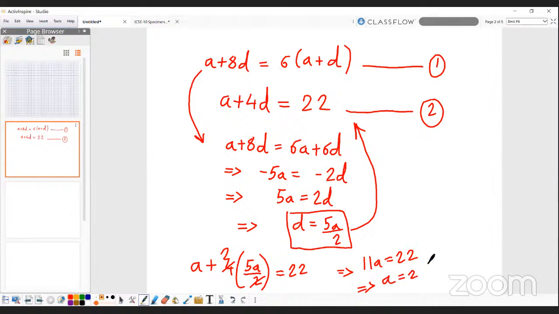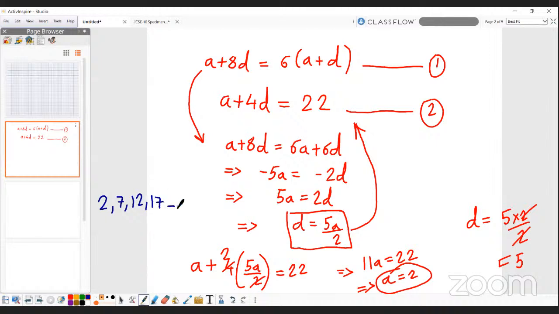Since A is equal to 2, the value of D will be 5 into 2 upon 2. 2 cancels, so D equal to 5. So our first term is 2 and common difference is 5. So you will get your AP as 2, 7, 12, 17, and this will go on.